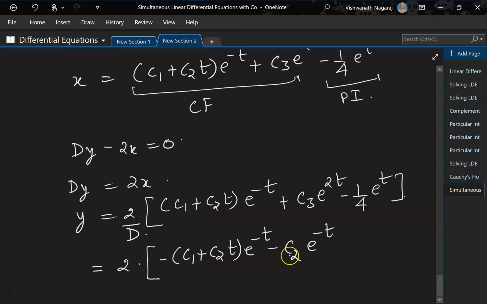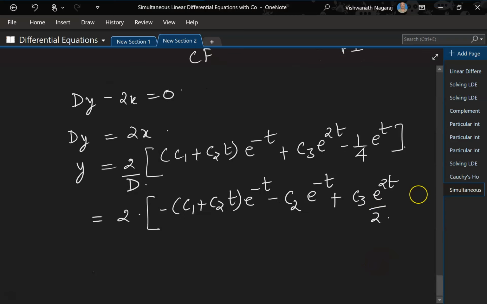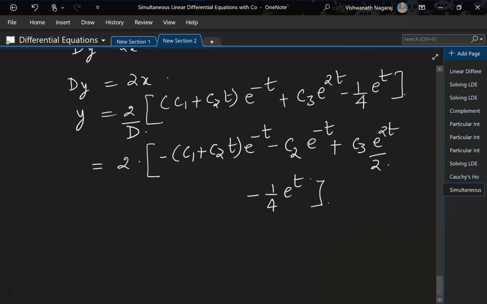Now if you differentiate, you will get back this, plus c3 e to the power of 2t. Now if we differentiate this, we get 2 e to the power of 2t, so we divide it by 2. What about this? This remains 1 by 4 e to the power of t. So we have integrated this.